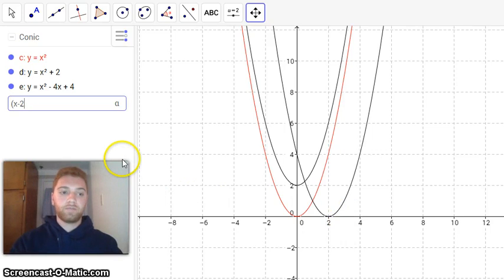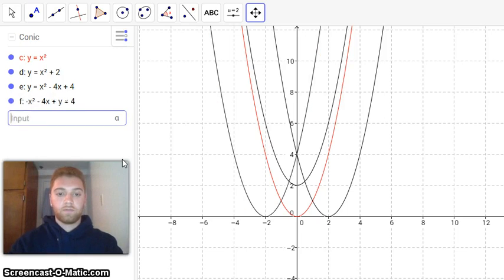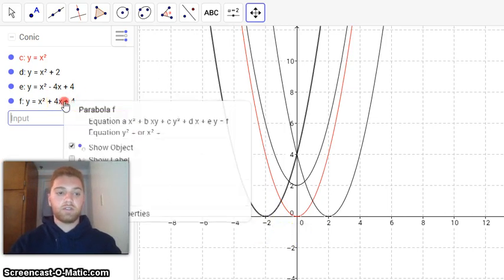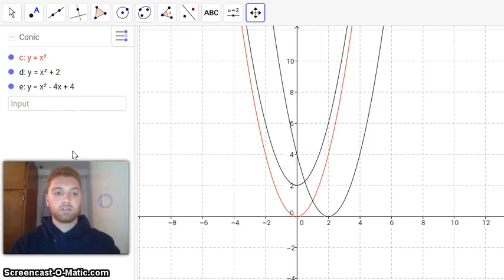If you were to go y equals parentheses x plus 2 squared, as you can see, this new function right here has gone over to the left 2 because it was x plus 2 in the parentheses. Now I'll delete these graphs and put it all together at once.